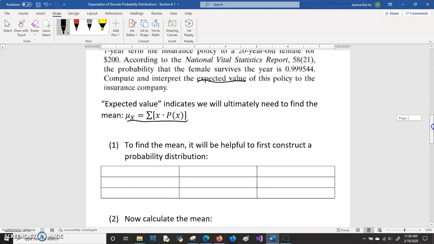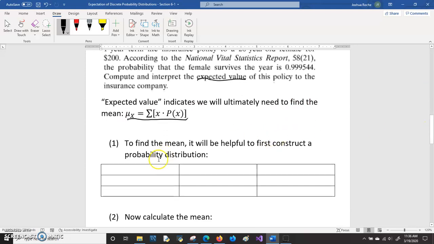To find that mean, sometimes it's helpful to construct a probability distribution. Just make a table to summarize all the information. And so two columns of that table would represent the x and the probability.